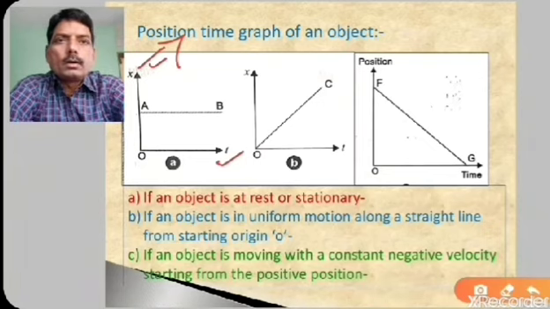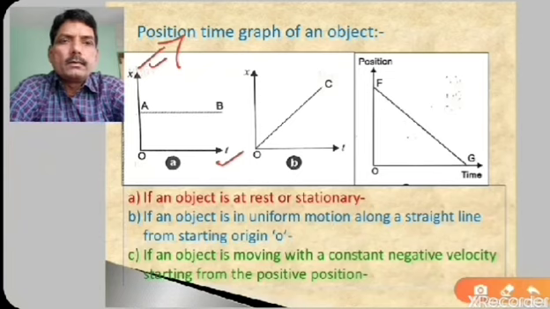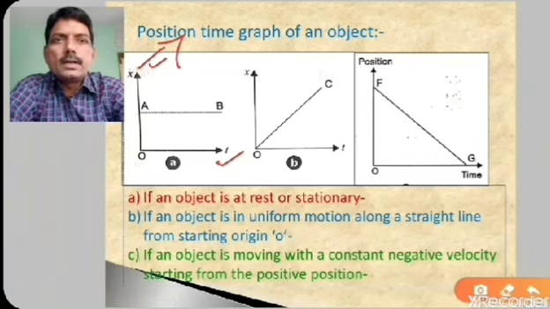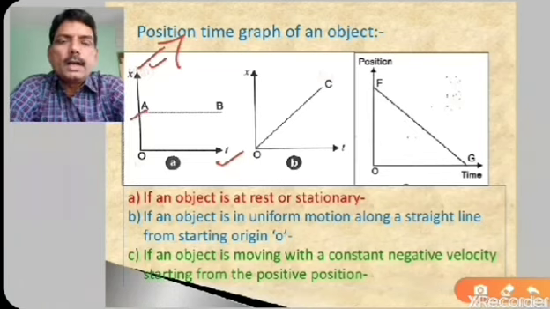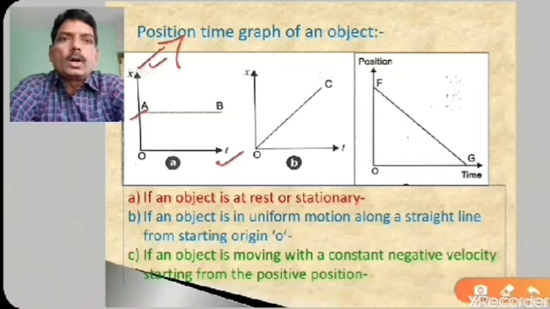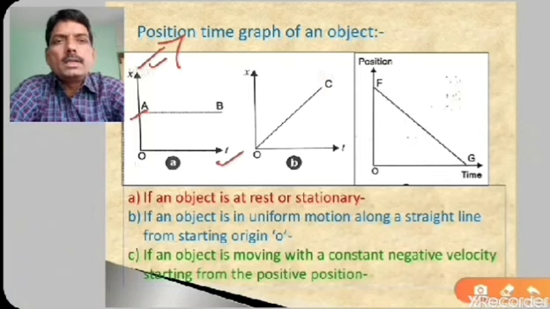So let us consider here, initially the object is at a certain distance from you, for example 10 meter. This is nothing but point A, or on the y-axis the position is 10 meter. Whenever you start your reading, initially the object is at 10 meter.